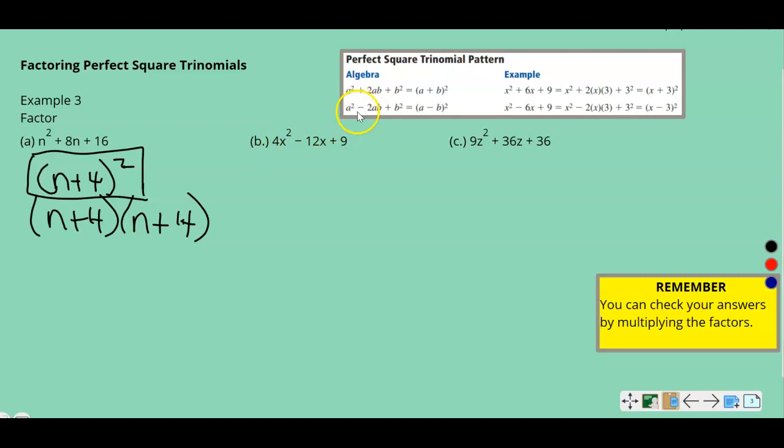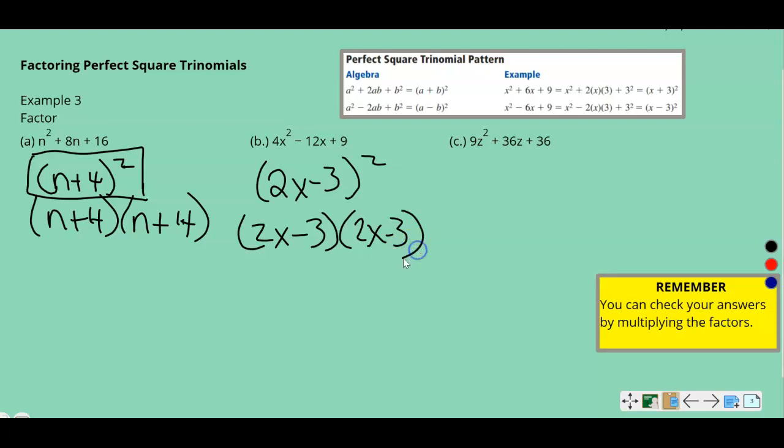Because it has a negative in the middle, you're going to use a squared minus 2ab plus b squared, which turns into a minus b quantity squared. So I'm going to do 2x minus 3 quantity squared. And again, you can check that quickly if you want to. 2x minus 3 times 2x minus 3. 2x times 2x is 4x squared. 2x times negative 3 is negative 6x.